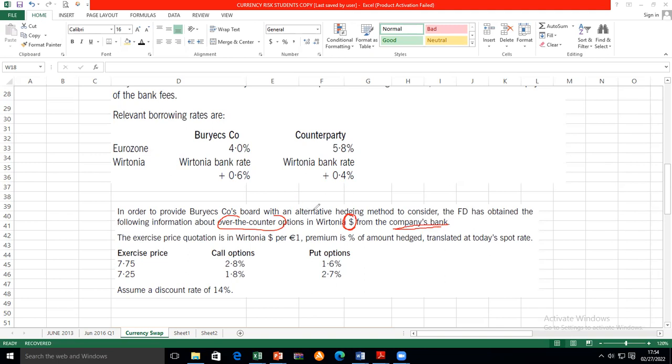So remember, if you're going to use an option, this option gives you the right to buy or sell what? Dollars. The exercise price is in Witonia dollars per each euro. The premium is a percentage of the amount hedged, translated at today's spot rate.